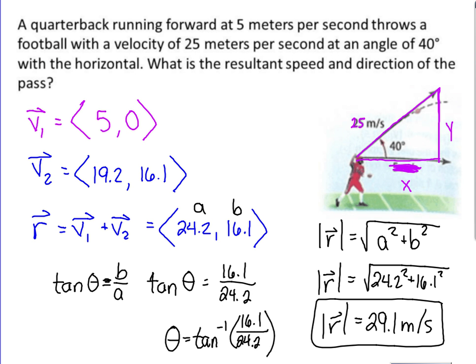And that's going to get us that theta is equal to 33 degrees. So this means the resulting vector of the pass is about 29.1 meters per second at an angle of about 33 degrees with the horizontal.